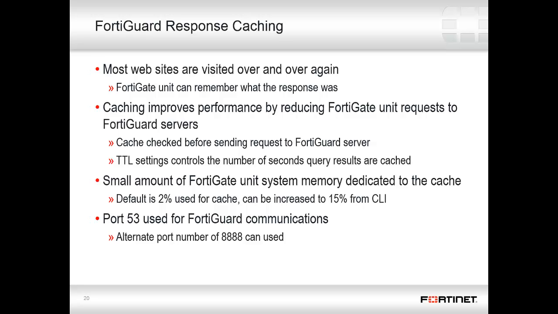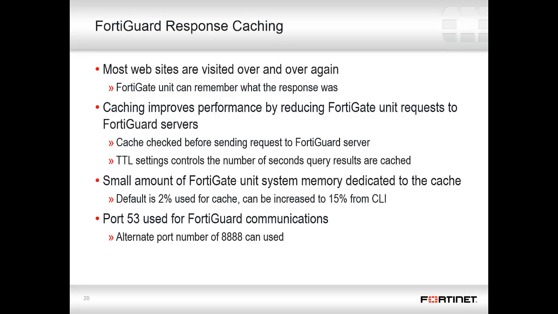The FortiGate unit can maintain a list of recent website rating responses in memory, so if the URL is one that the device already knows about, it will not have to send back a rating request. Two ports are available for the unit to query FortiGuard with: port 53 and port 8888.